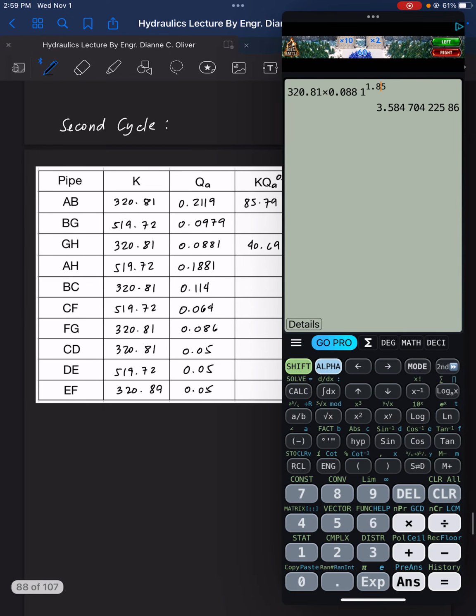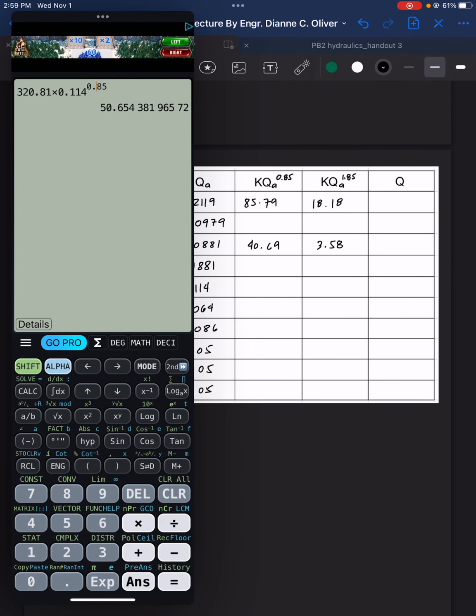Next, 320 times 0.114. So 50.65. So 50.65 and then raised to 1.85 is 5.77.